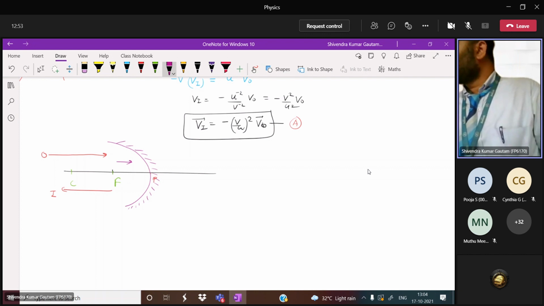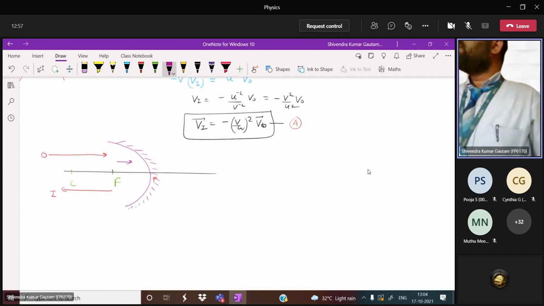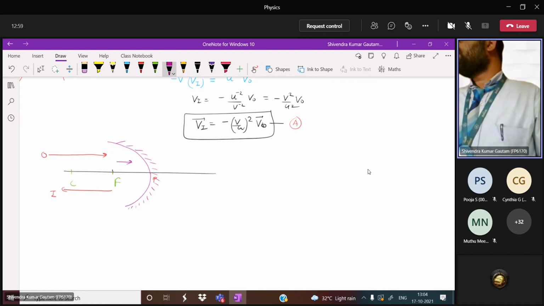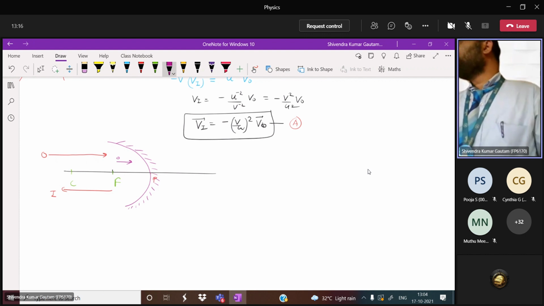First, this minus sign implies opposite direction or not? If object is placed between focus and pole, will the image be real or virtual? Virtual image will be formed. So if object moves from focus to pole, right side, then image will move to the left side, opposite direction. Now opposite direction from where to where?